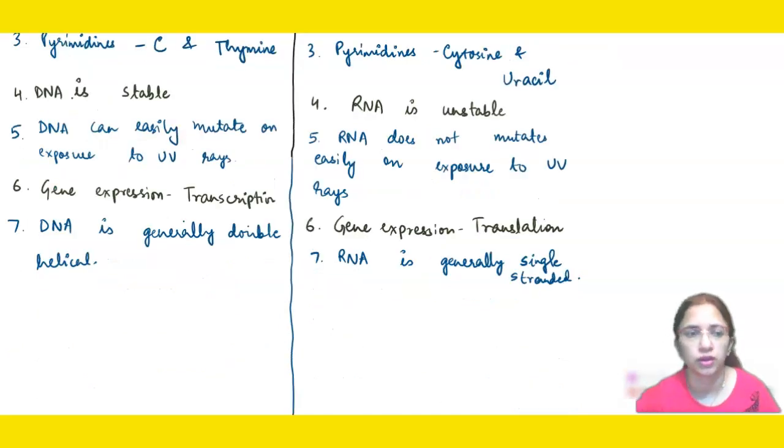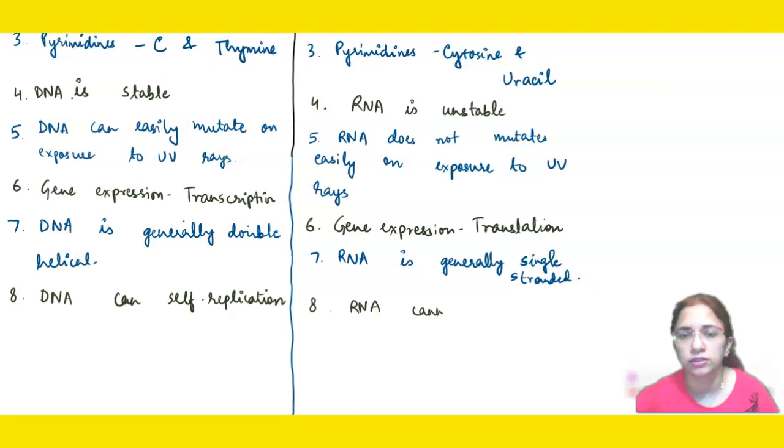Let's come to another point now, and this is DNA can self-replicate. We have already seen in replication that new DNA always forms from the existing DNA, and that's self-replication. Whereas RNA cannot do self-replication, right?